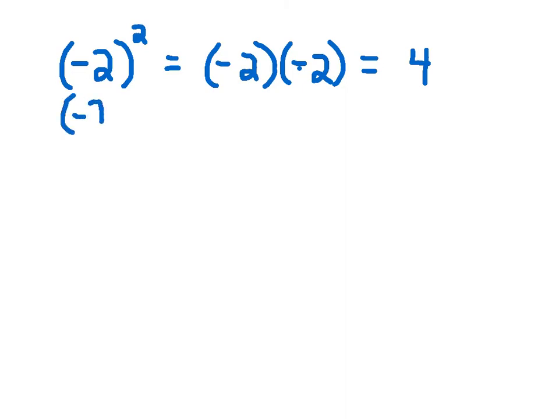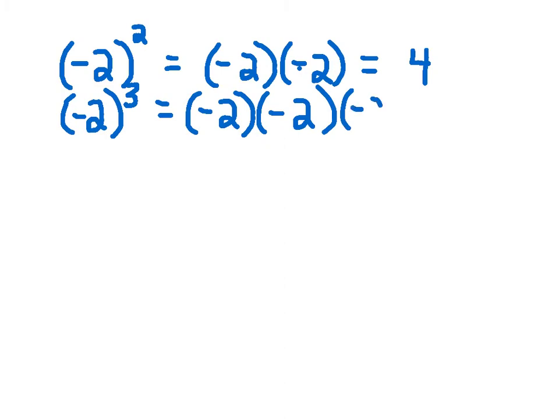If I raise it to the third power, that's like saying that I've got an odd number of negatives. So 2 times 2 times 2 is 8, and 1, 2, 3 negative signs. 3 is an odd number, and therefore my answer is negative.